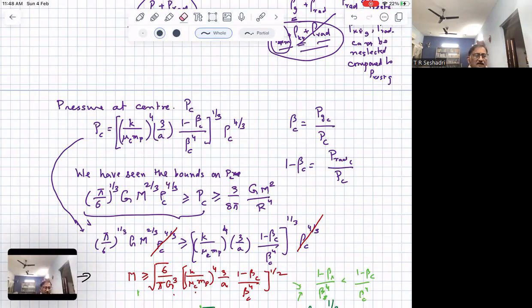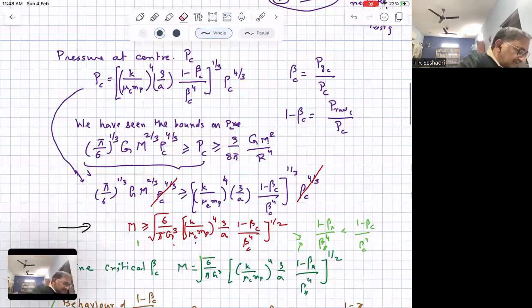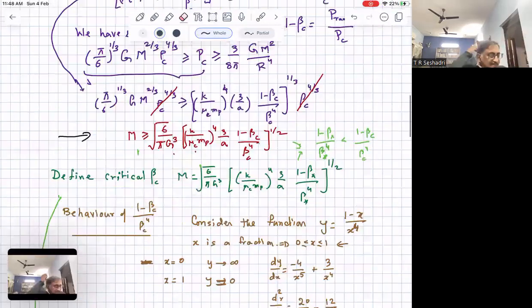The problem happens that the pressure of gas increases linearly with temperature, whereas the pressure of radiation increases as a power of 4. So as the temperature increases, the radiation term climbs very fast. And that's why there is a bound. So the radiation can just disrupt the star.